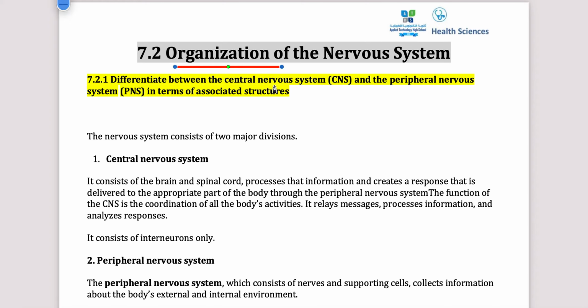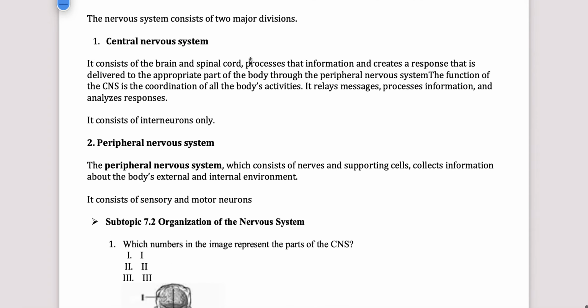What is the difference between the central nervous system and peripheral nervous system? CNS is mainly made up of the brain and spinal cord. Then it has the neuron types, which are interneurons only, and CNS is important to regulate all your body messages.